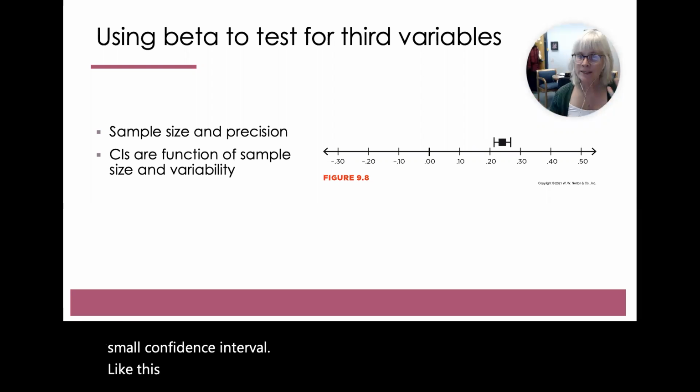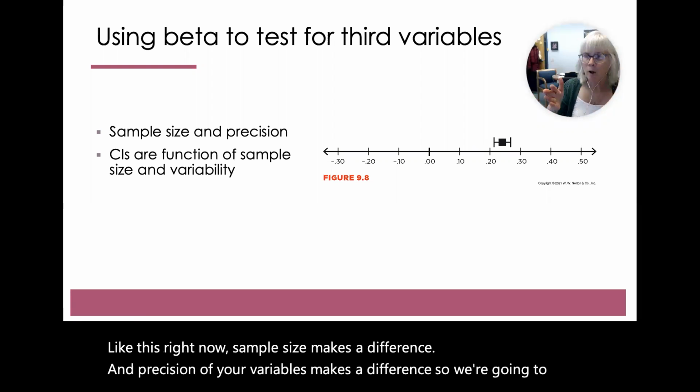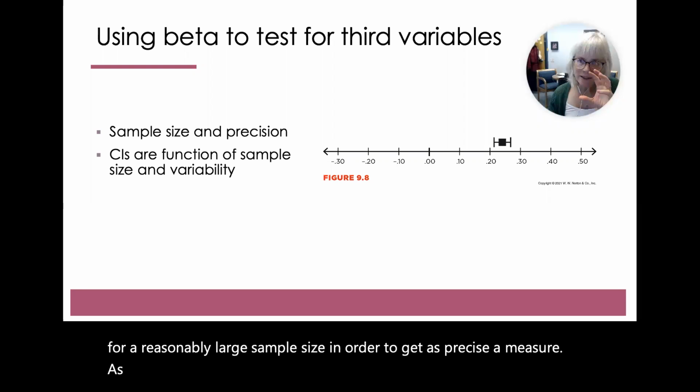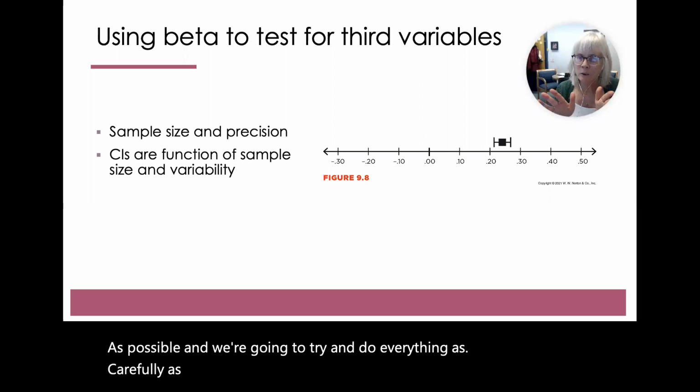Now, sample size makes a difference, and precision of your variables makes a difference. So we're going to try for a reasonably large sample size in order to get as precise a measure as possible. And we're going to try and do everything as carefully as possible so we remove some of the other variables that might influence what's going on.